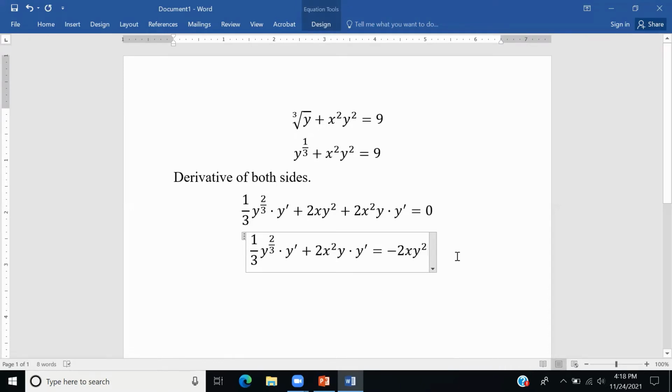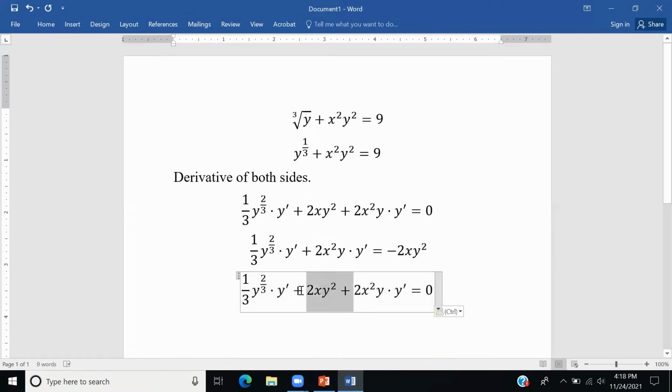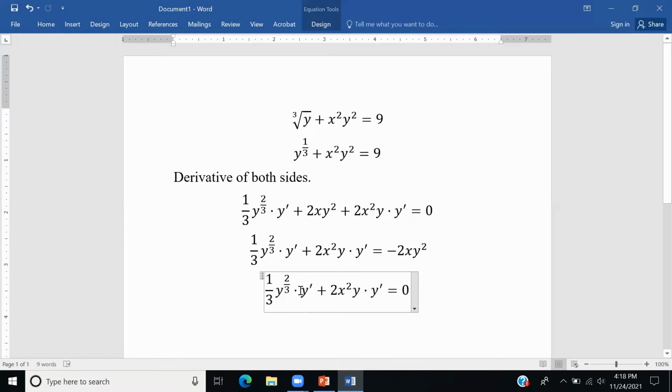At this point, I can factor out a y prime on the left-hand side. So let me do that. Negative 2xy squared will stay on the right-hand side.